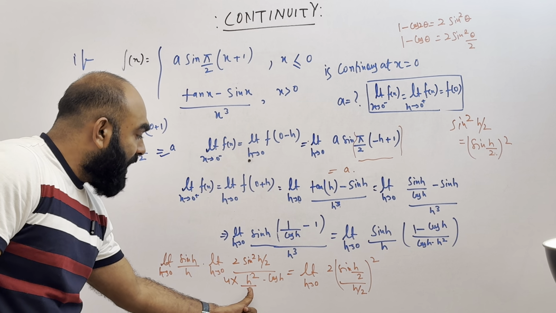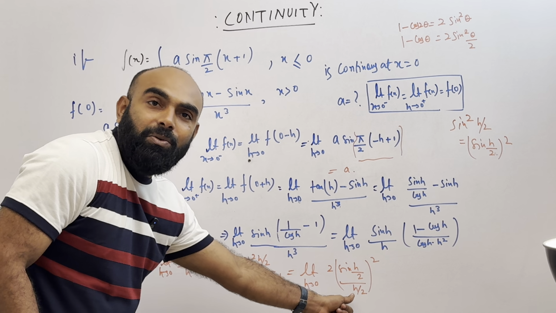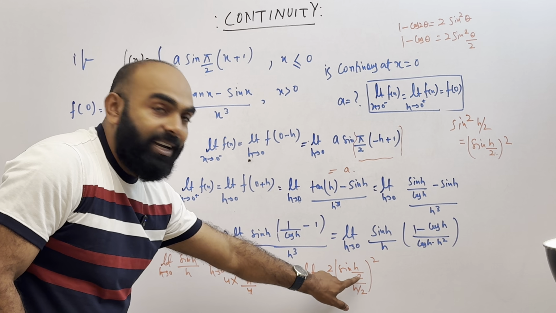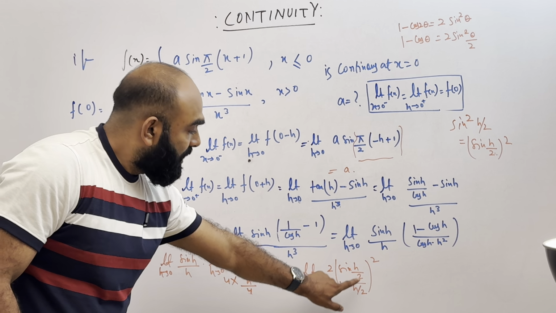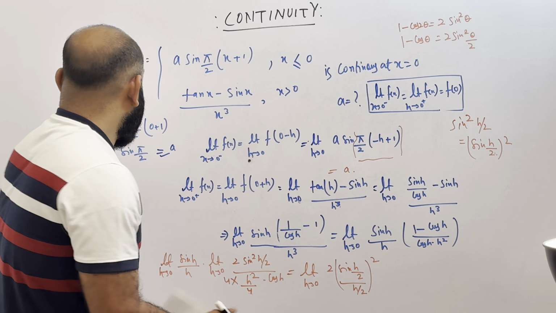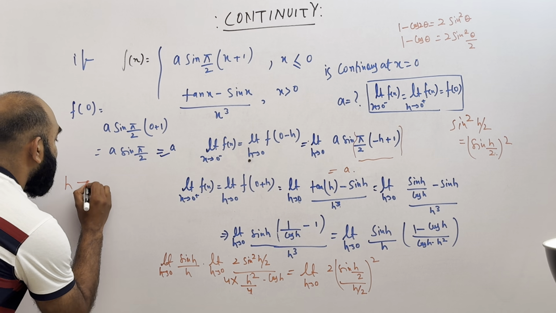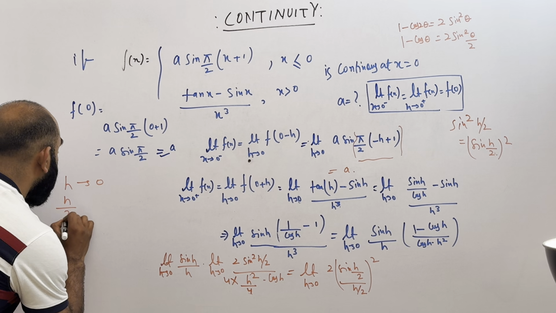And this h by 2 I can write as h by 2 whole square, so it is sin theta divided by theta with theta as h by 2. When h is tending to 0, h by 2 tends to 0 only.